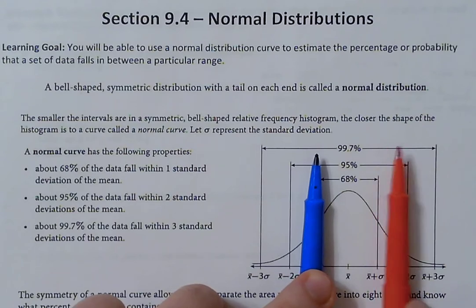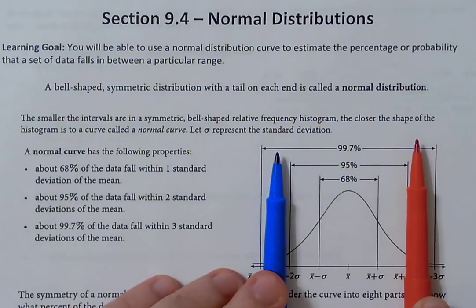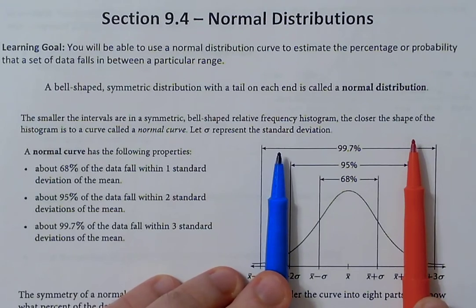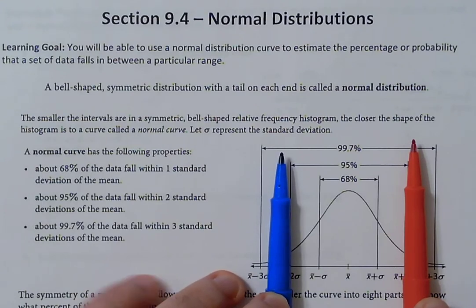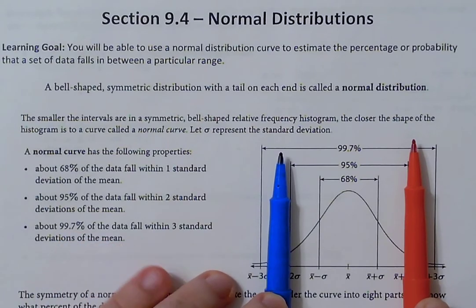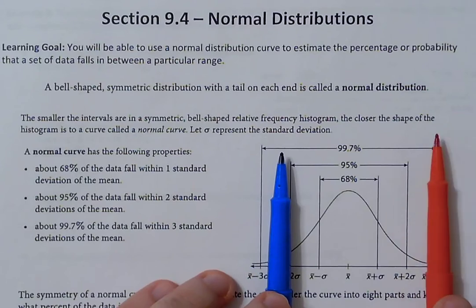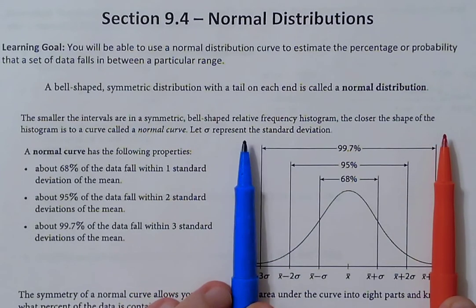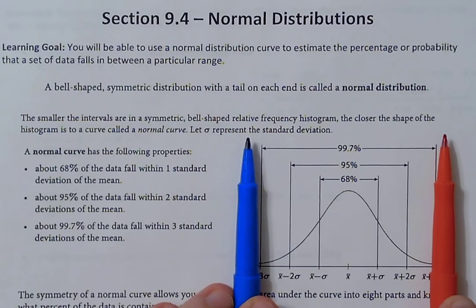So if I add another standard deviation and subtract another standard deviation, 95% of the data falls within this area. And then about 99.7% of the data falls within three standard deviations, which would be adding another standard deviation and subtracting another standard deviation from the mean. So 99.7% of the data occurs in this range right here.